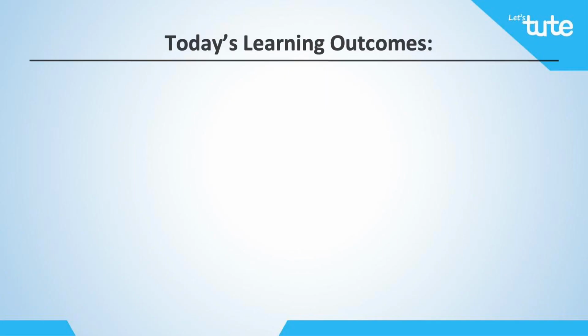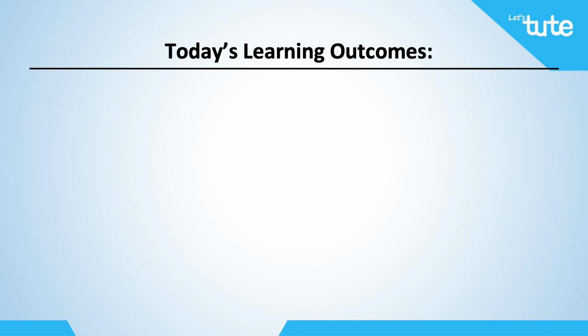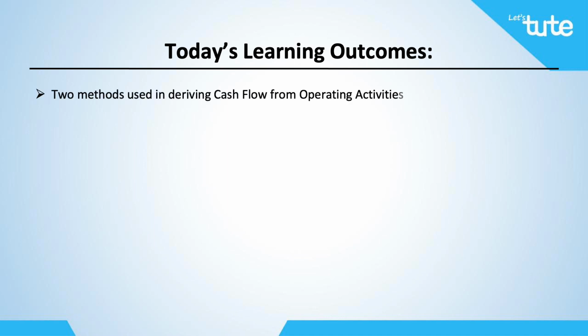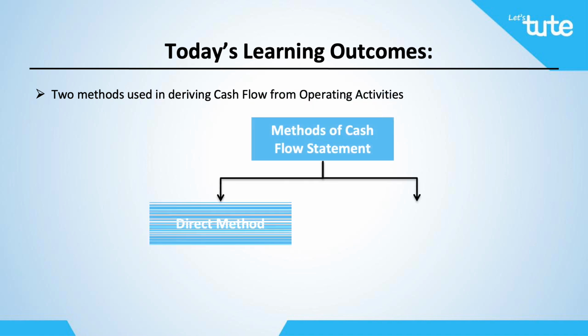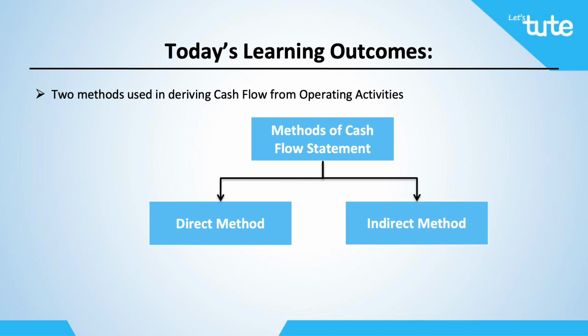Now let's dive into today's learning outcomes and discuss the two primary methods used in deriving cash flow from operating activities. The first method is known as the direct method, and the second one is called the indirect method.